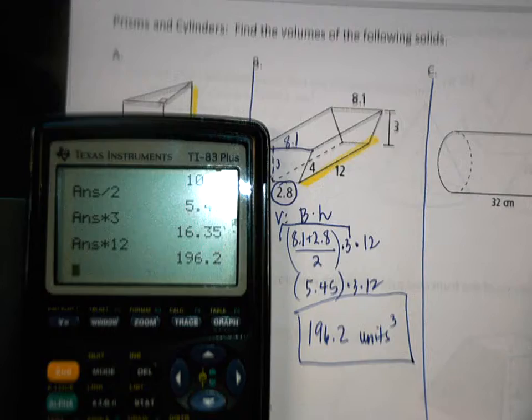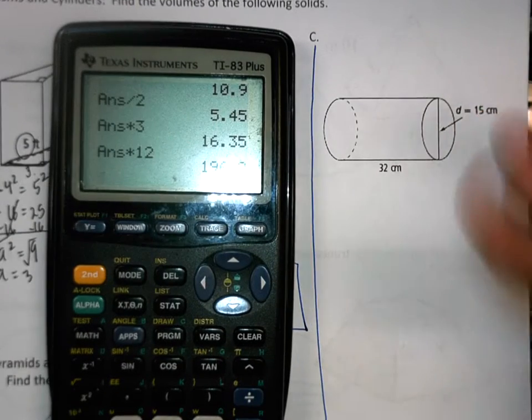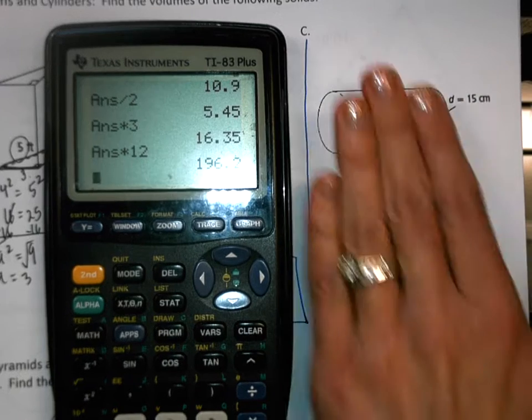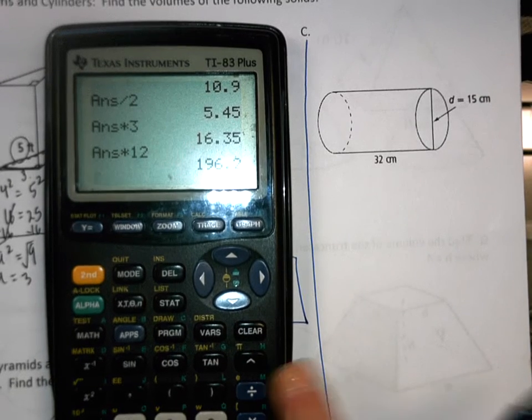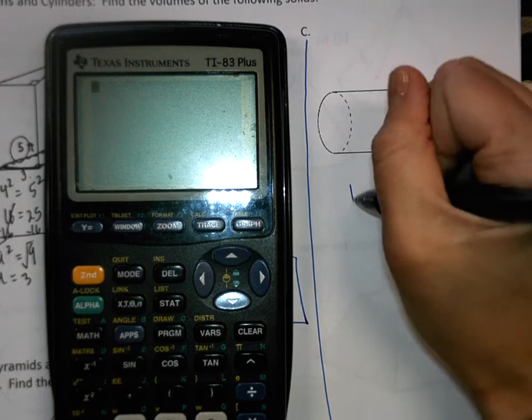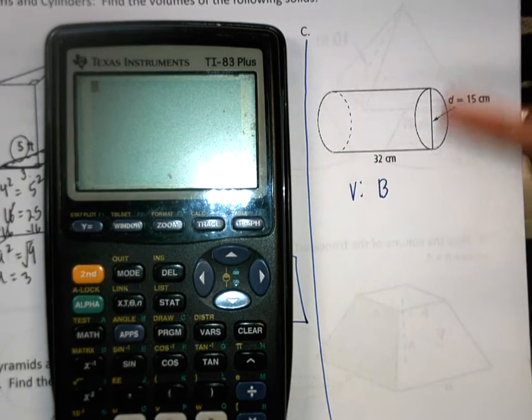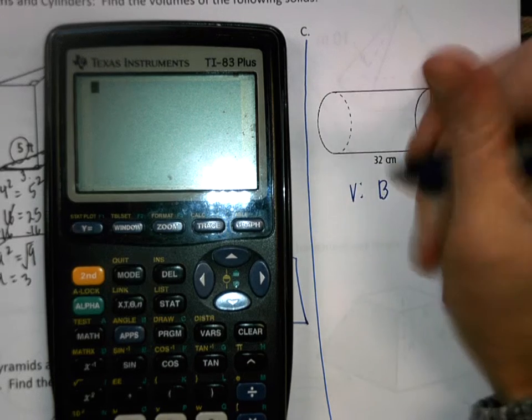Okay, C. What is our shape here? A cylinder, or specifically if we're looking at it in two-dimensional space, it's what? A circle. Again, our volume will be our base area, big B, times our height.